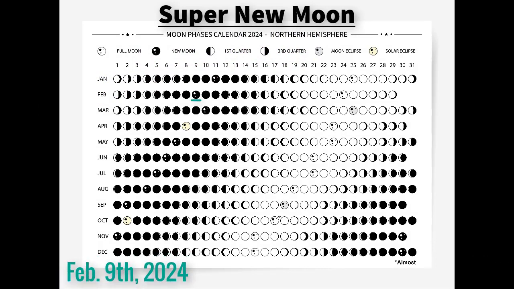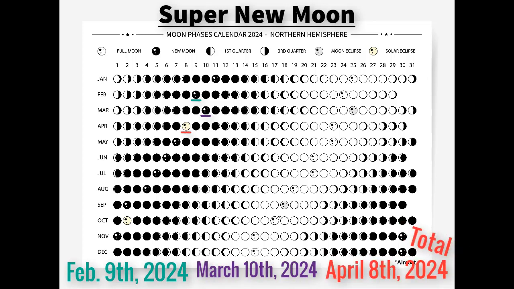And then we're also going to have one on March 10th right after that, and then April 8th. So there's going to be 3 supermoons right in a row. And that makes sense because we're going to have micro full moons in between that on February 24th and March 25th, just like I discussed a little bit ago. So yeah, basically we're going to have 3 super new moons in that little area, which is kind of cool.